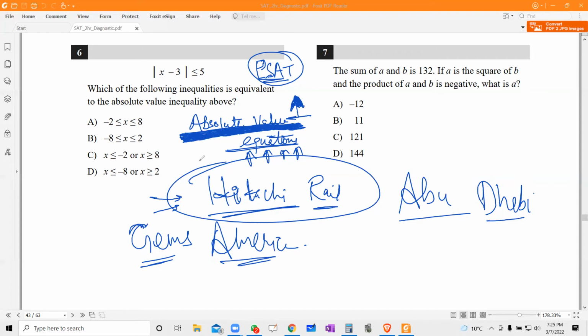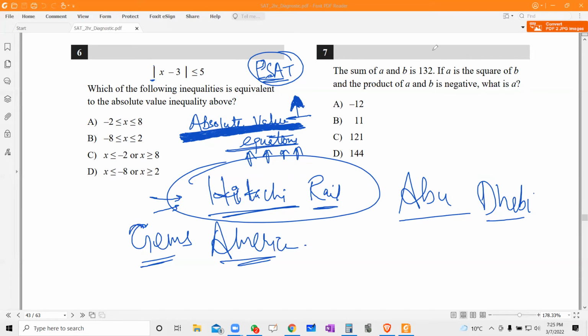Okay, so absolute value equations is a different concept, in which you have absolute value signs, these two lines on the left and the right. And what does that mean?